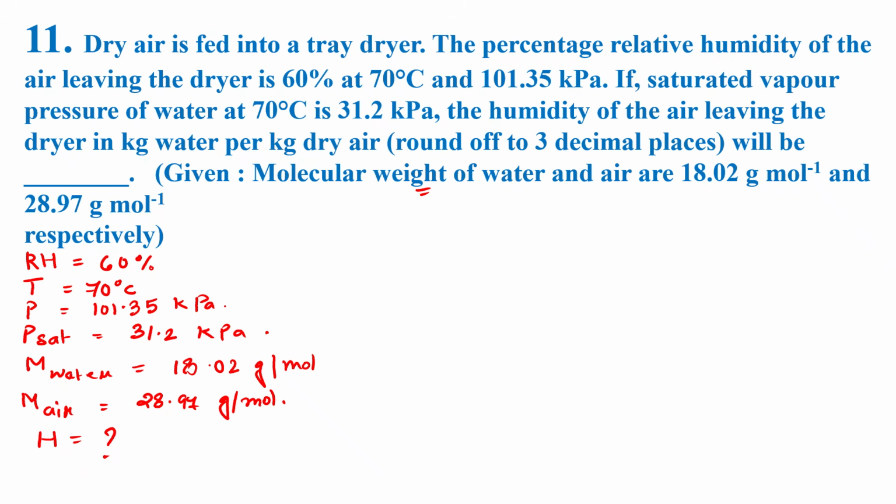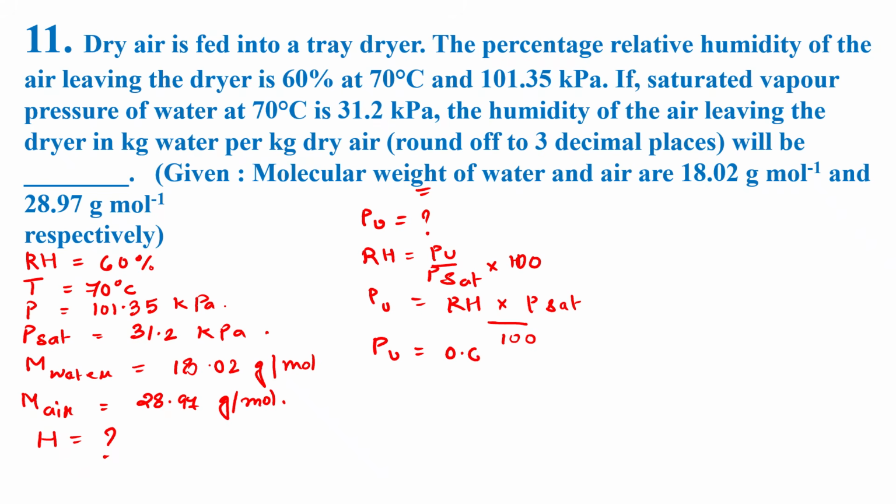So we know the formula that RH is equal to PV by Psat into 100, or PV equals RH into Psat by 100, or PV equals 0.6 into Psat, which is 31.2, that is equal to 18.72.